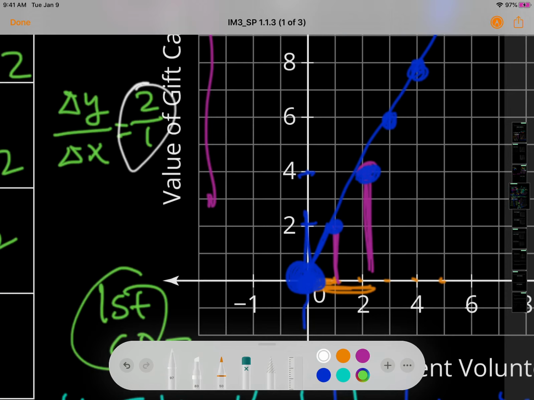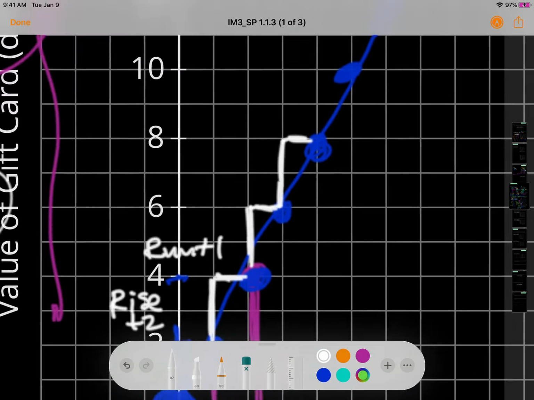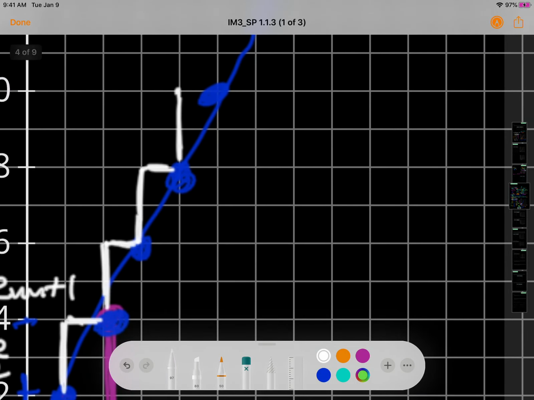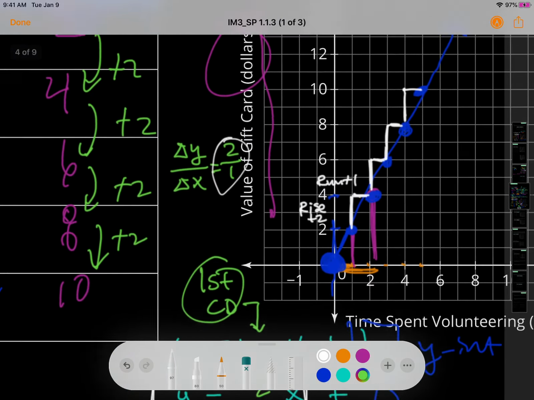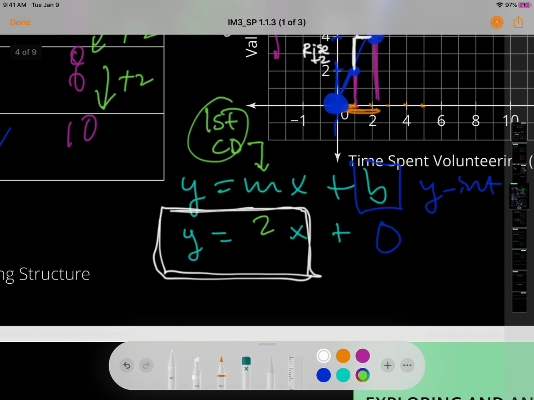Remember, it's rise of positive 2 and run of positive 1. Rise 2, run 1. Rise 2 over 1. You can do this all day long till you get bored. Up 2, right 1. And that's how you find this number 2 here. So my equation is y equals 2x.